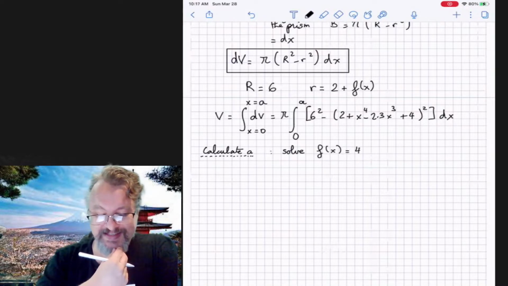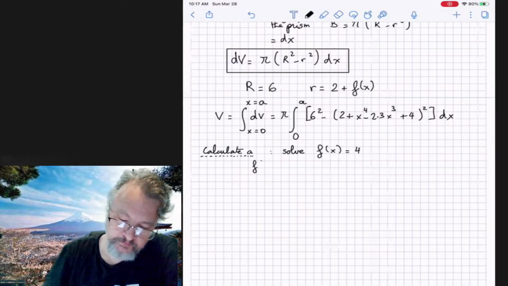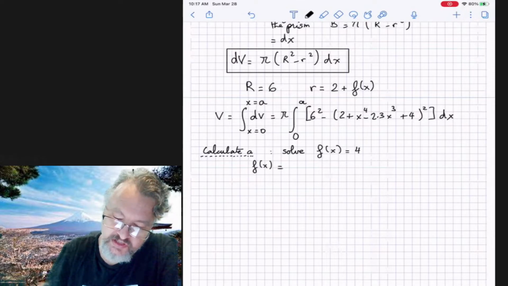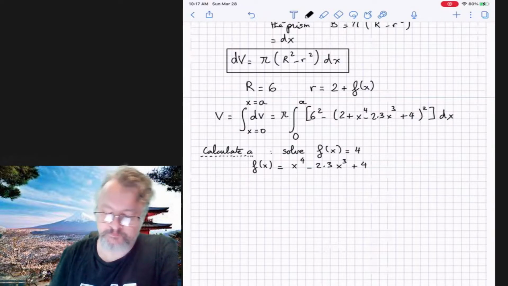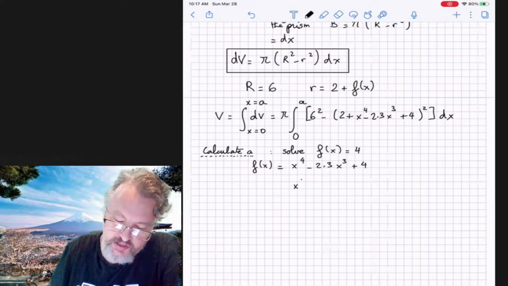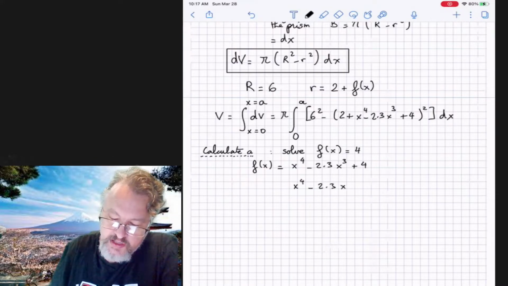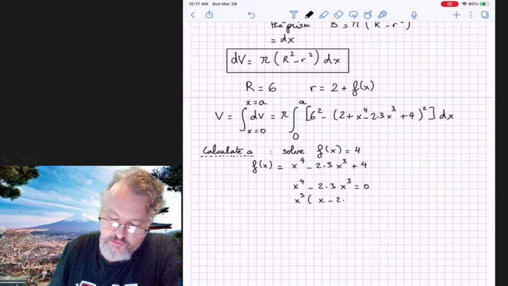And since this function f of x is x to the fourth minus 2.3 x cubed plus 4, if we solve f of x equals 4, it's just going to be x to the fourth minus 2.3 x cubed equals 0. And if you factor, you're going to have x cubed times (x minus 2.3) equals 0. Therefore, x equals 2.3.